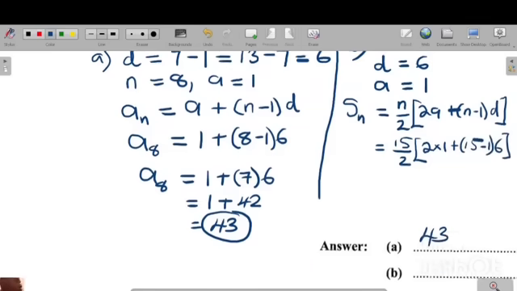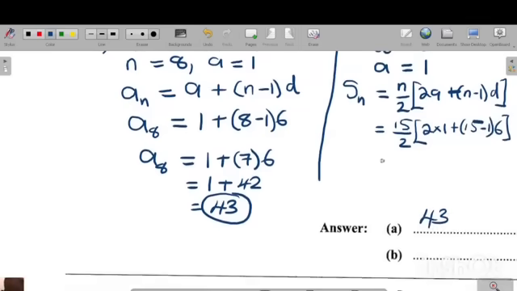Okay? So we need to simplify this. So we have 15 over 2, 2 times 1 is 2, plus 15 minus 1 is 14, so we have 14 times 6.